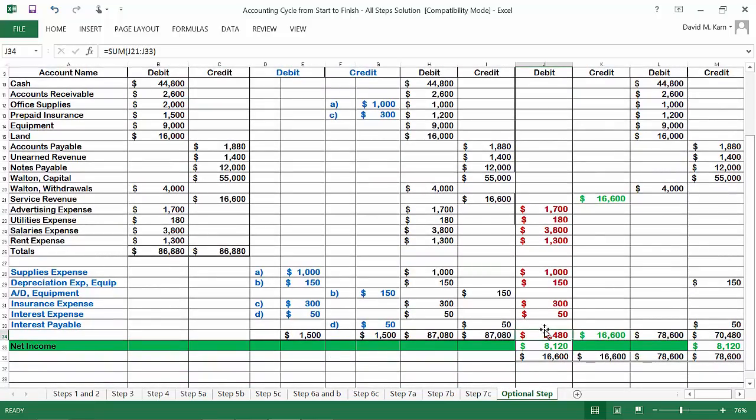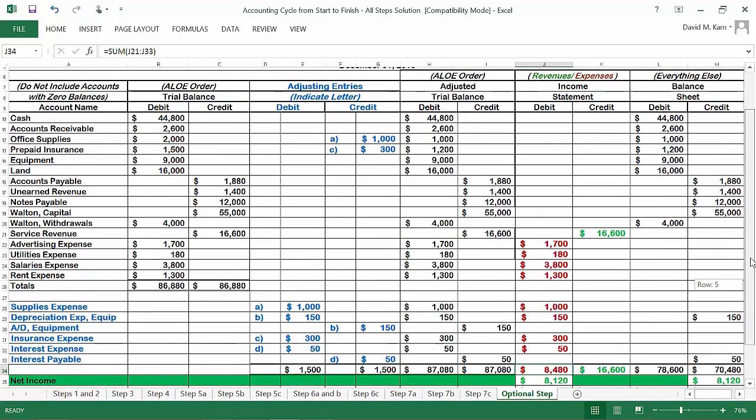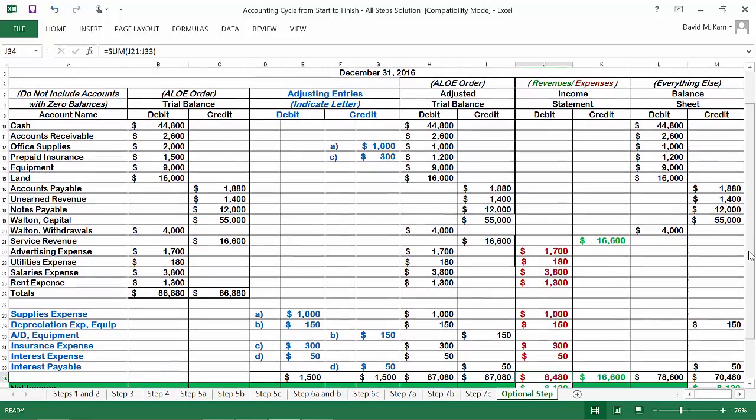Everything here is identical. When we get to the balance sheet, that's when we start to see a bit of a change. We don't have the statement of owner's equity on this. We have no way of calculating total assets, total liabilities, or owner's equity. The one thing that you'll do is take everything besides revenues and expenses from the adjusted trial balance and put them on the balance sheet here.